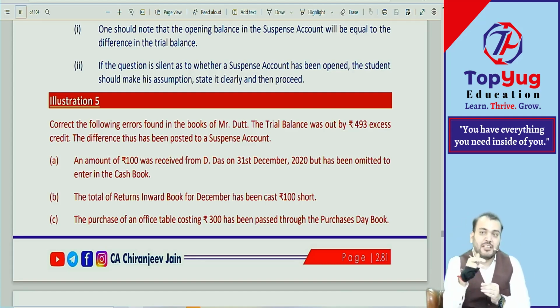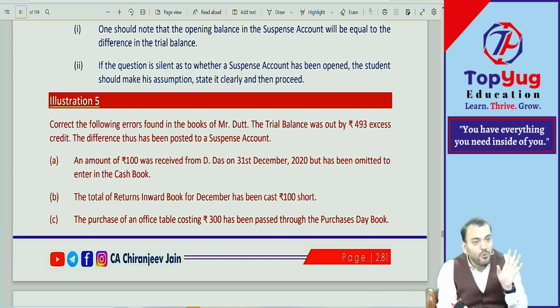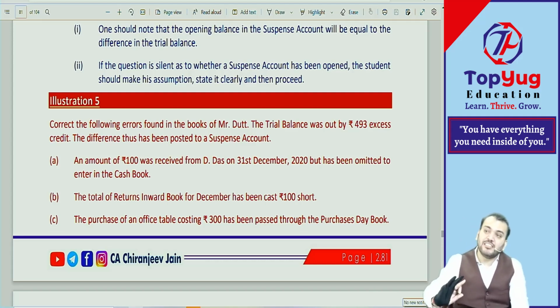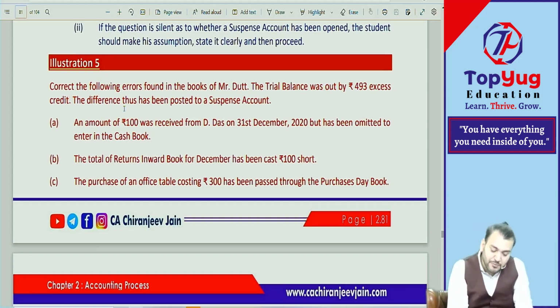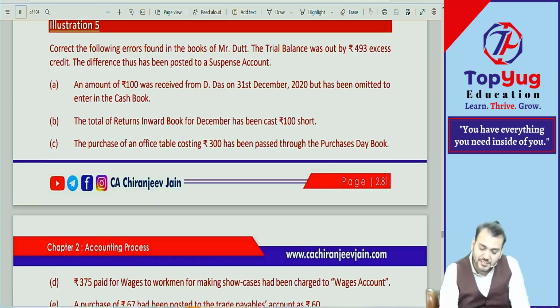It means the suspense account has a balance of 493 debit. After rectification, the suspense account should be closed. In this they will also ask you to prepare the suspense account. The difference thus has been posted to the suspense account. That is an understood point. Let us correct it. Point number 8.